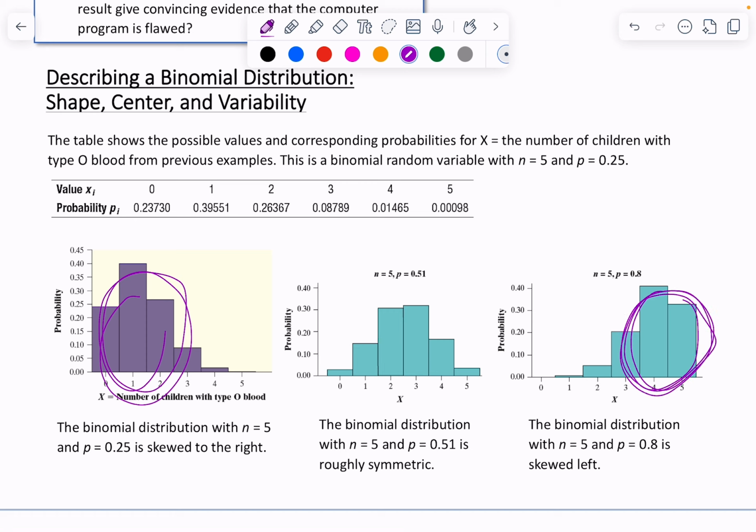And if your probability is like 50-50, it should look like a pretty symmetric shape. We're going to go into that more next time, but just keep that in mind. Low probability, you'll see low numbers; high probability, high numbers; and a 50-50 shot should be kind of in the middle.